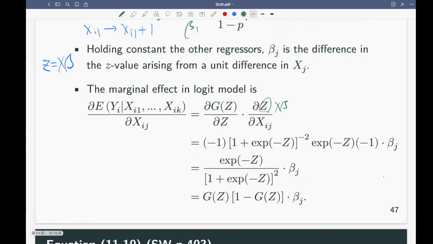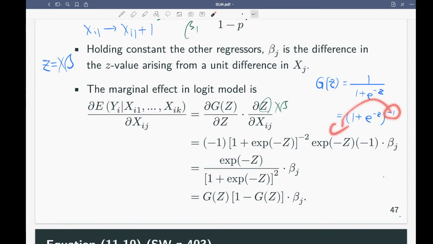Maybe we can write down g(z), which is equal to 1 divided by 1 plus exponential negative z. So this term is like 1 plus exponential negative z, with a power of negative 1.